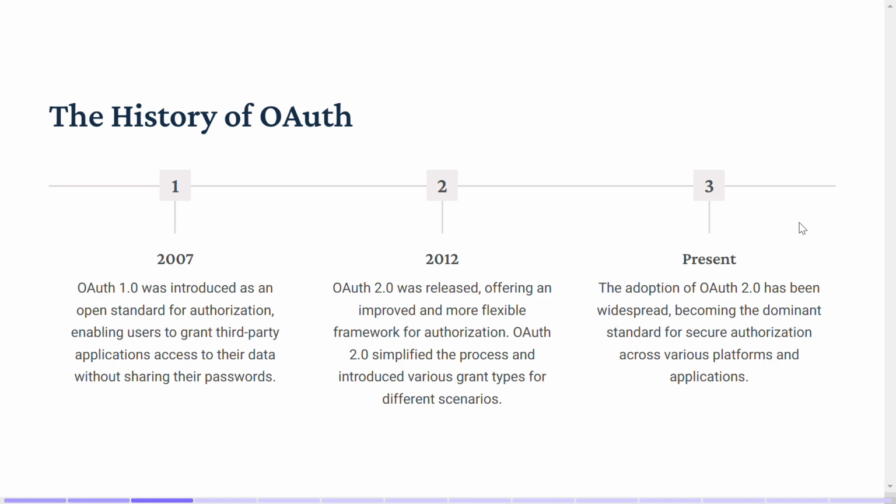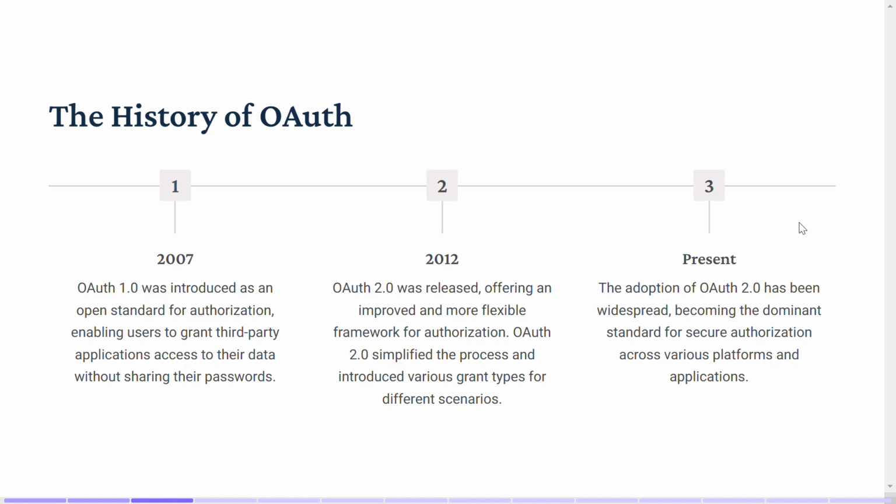By using OAuth 1.0 security, we can access third party applications without sharing our passwords. Means our passwords are secured.